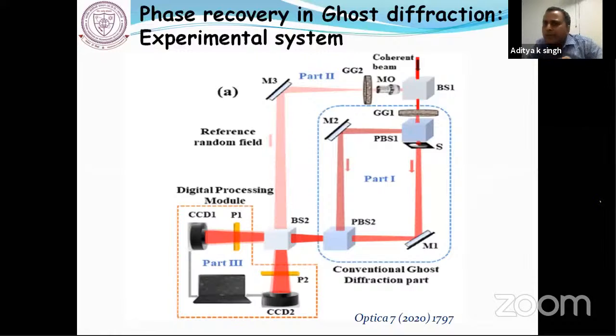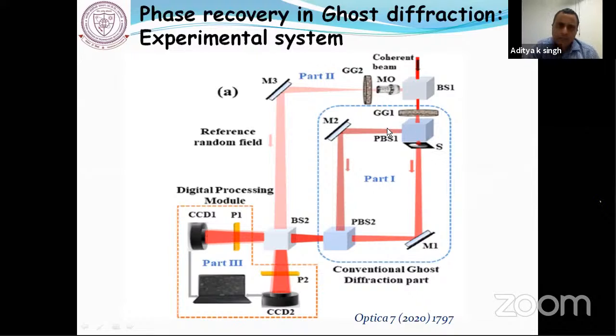I will explain why I have taken the PBS1 and not BS1: I want both beams, the reference beam and this beam, to simultaneously reach the camera. So the light from GG1 will split into 2 parts. One will interact with the object, the spiral phase plate, and after reflection from the mirror M1, it will move towards the cameras CCD1 and CCD2.